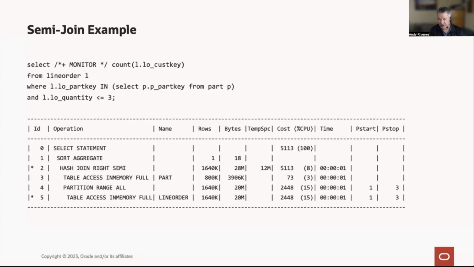Notice that I have the 3 partitions for the line order table, similar to what we've got in Live Labs. The line order table has been partitioned based on year so that we can show other features like ADO in Live Labs. That's not all that important, but it's why you see the partition range all.